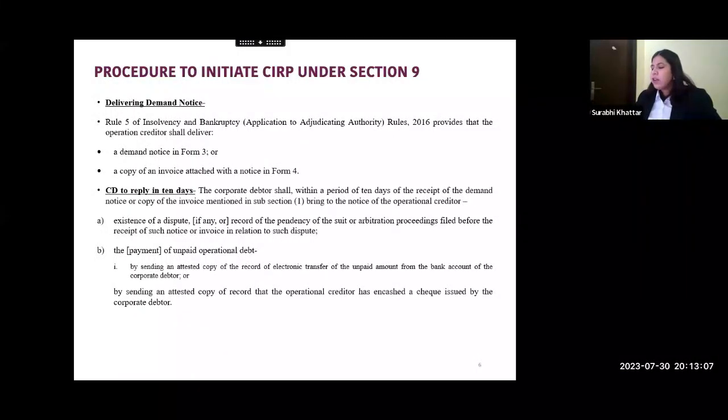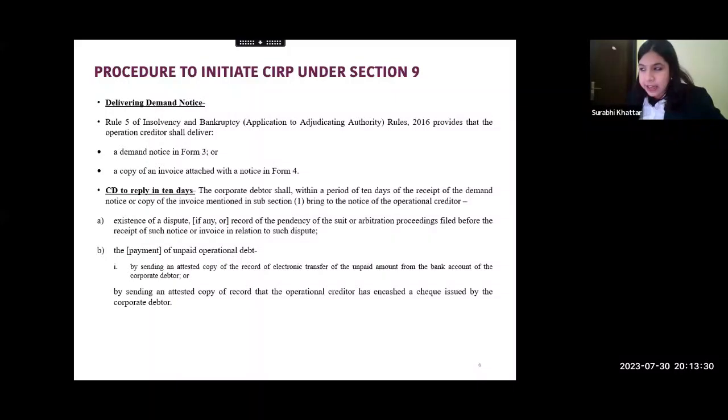An operational creditor is anyone who is providing any goods or services to the corporate debtor, and any amount that is owed towards those goods or services provided to the corporate debtor and which has not been paid will constitute operational debt. Now, the procedure for filing an application under Section 9 is different from the procedure for filing an application under Section 7.